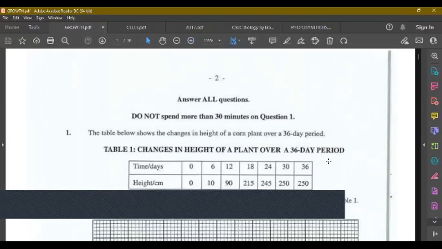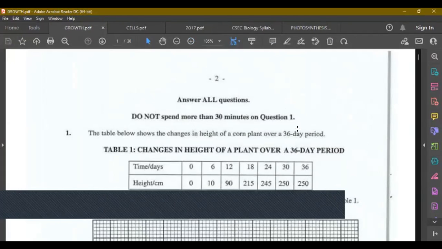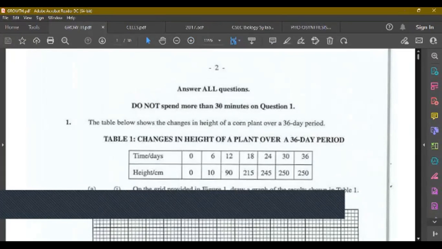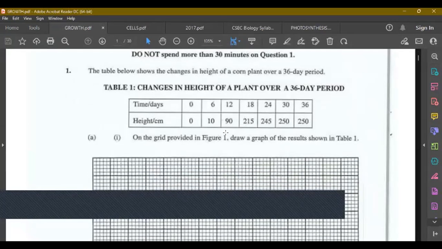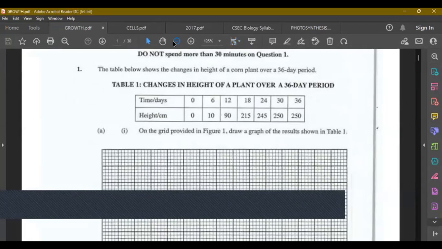All right, very good. Now we're looking at the table below, which shows the changes in height of a corn plant over a 36-day period. Cool? So if they're giving us this graph, we're seeing time in days, and we're seeing height. What kind of graph are we being asked to create?